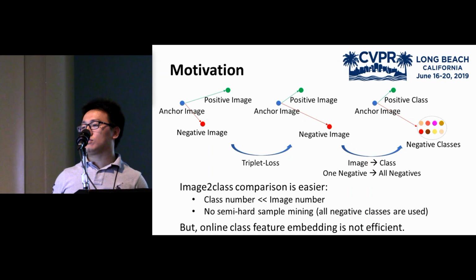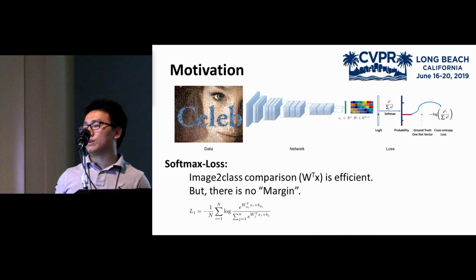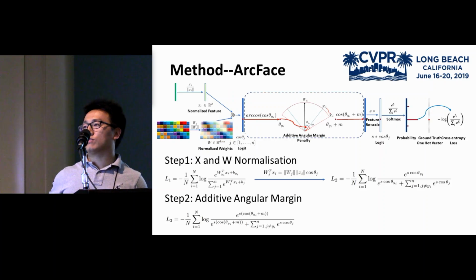We change image-to-image comparison into image-to-class comparison as the class number is much fewer. In softmax loss, image-to-class comparison is very efficient, but there is no concept of margin.